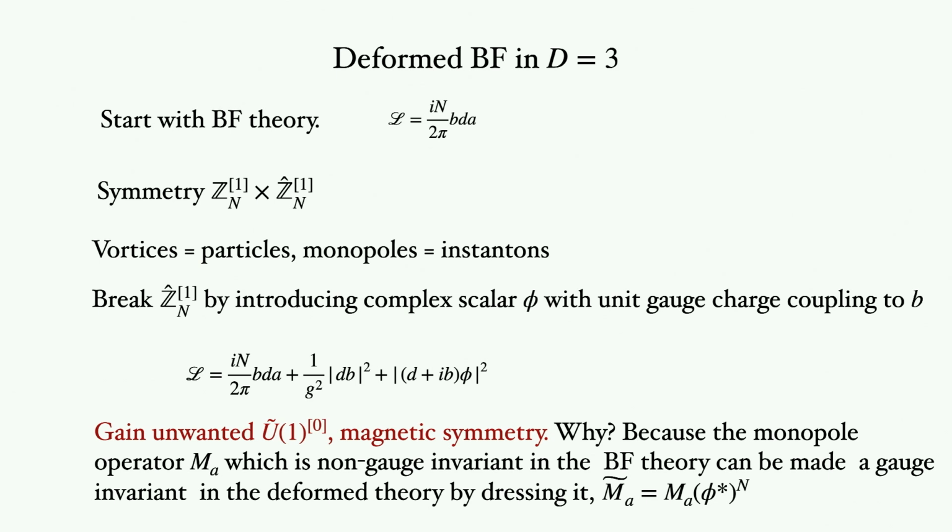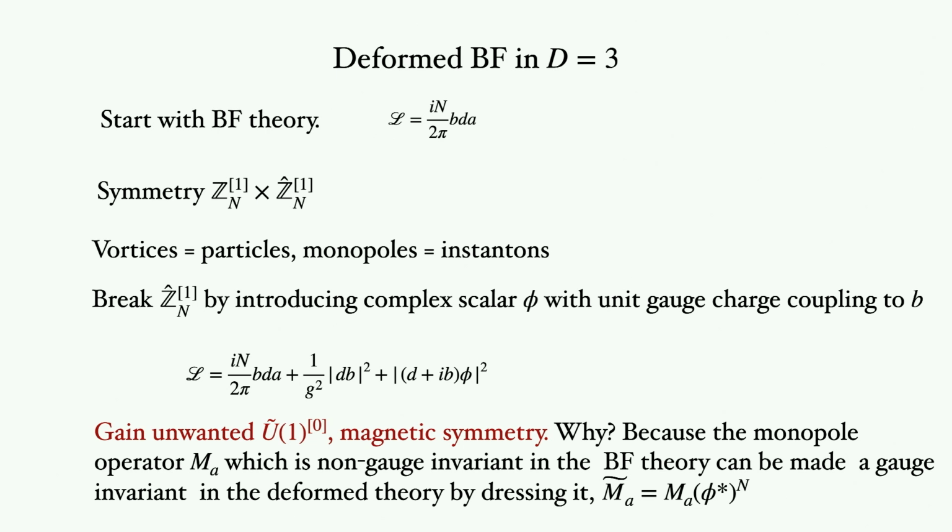But now, when we do this, the monopole operator, which wasn't gauge invariant in the original BF theory, becomes gauge invariant here, because we can dress it with this phi quanta. This is the dressed monopole operator. But I do not want this U1 shift symmetry.